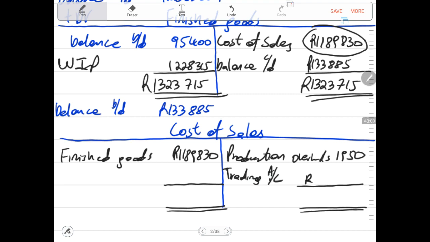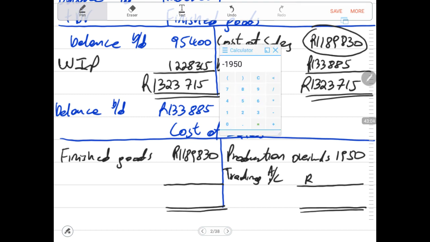Then the amount that will be recorded there, let us check how much it will be. It will be plus 1,189,830, and this will give us 1,187,880. This is the amount of cost of sales.